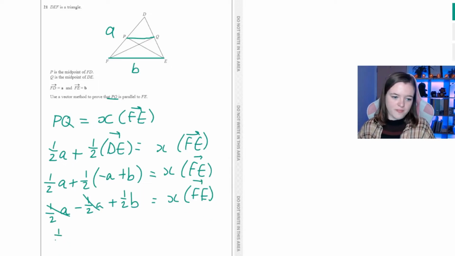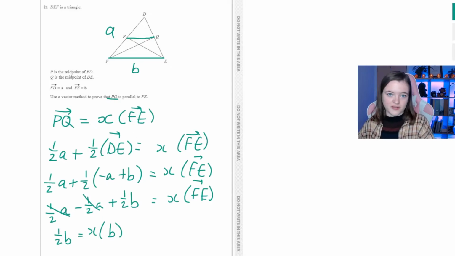FE, that's easy, that's just b. Easy peasy. Would you look at that? x is indeed a number, it's a half. So this PQ, should have an arrow there, my apologies, is a multiple of FE, it is a half of FE.